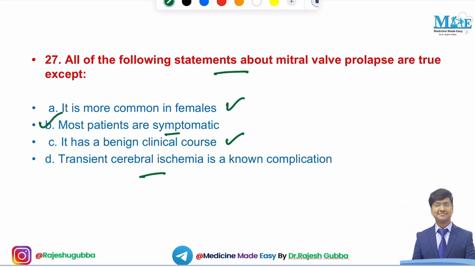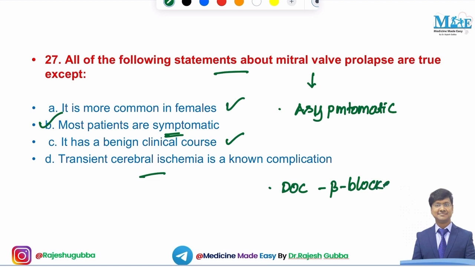But most patients are symptomatic is a wrong statement. Most of these patients with mitral valve prolapse are asymptomatic, right? And the next very important point in mitral valve prolapse is what is the drug of choice, if at all they are symptomatic. So the drug of choice will be the beta blockers.